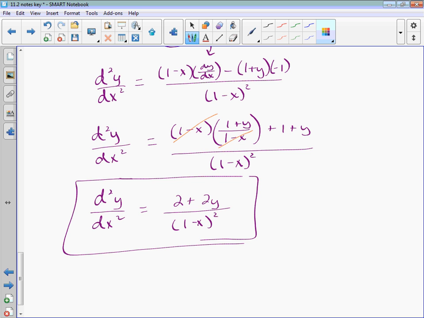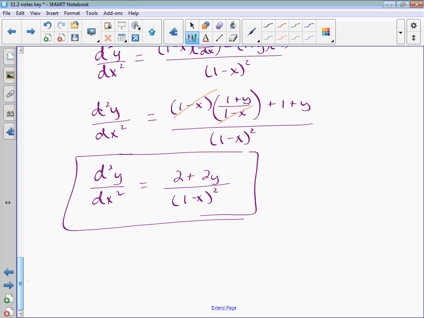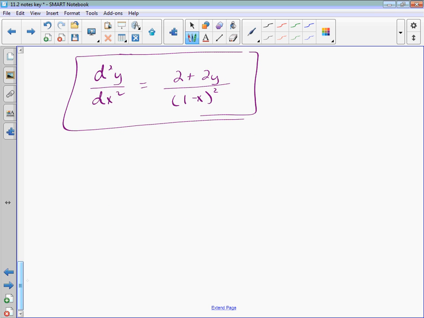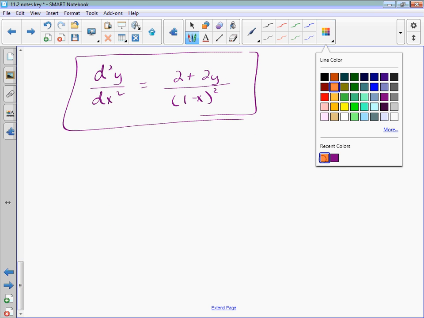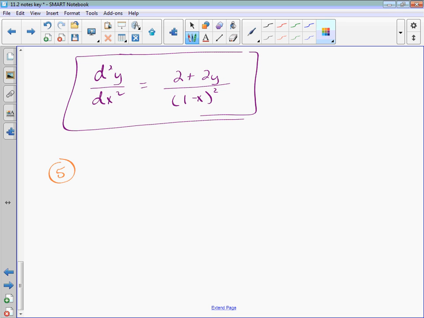Alright, let's try another one. Find dy dx, and your equation is y squared minus 3xy plus x squared. You guys try this one.